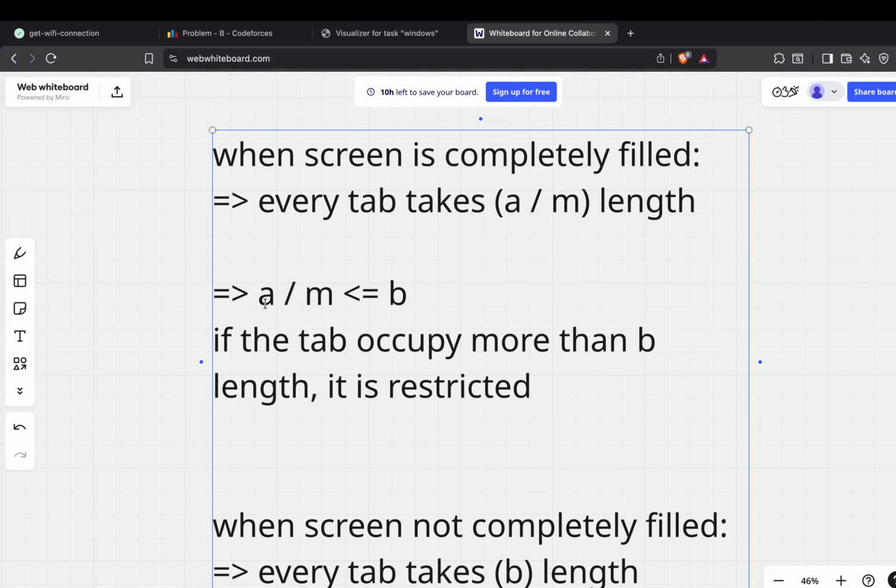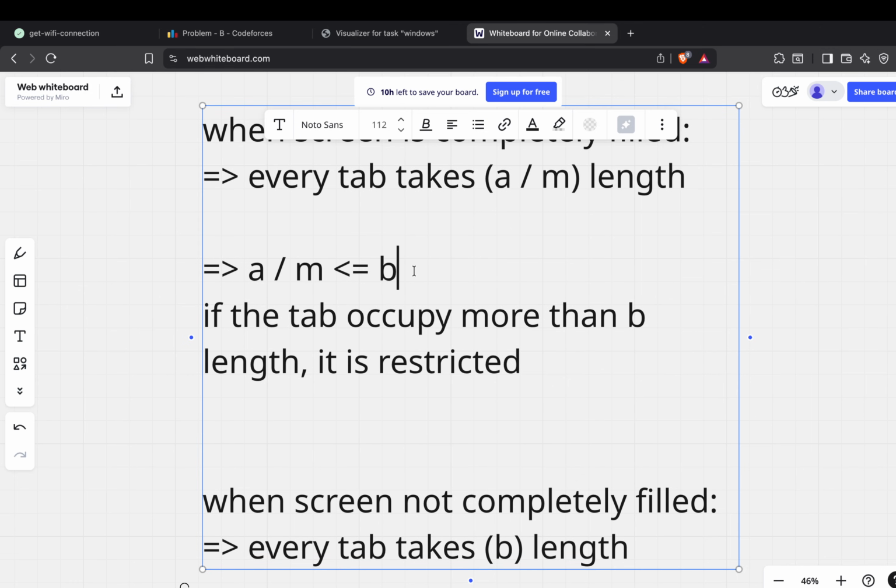So the maximum length that can be taken is B. So when is a tab restricted? When A by M is smaller than or equal to B.